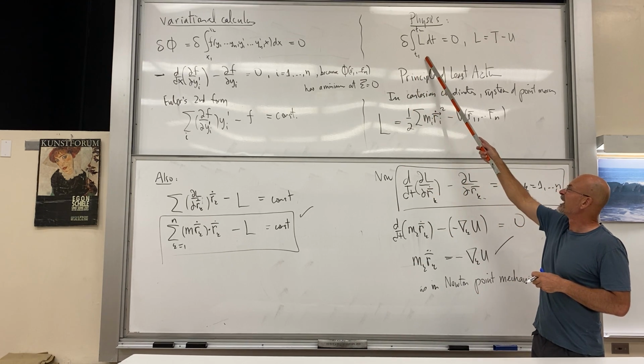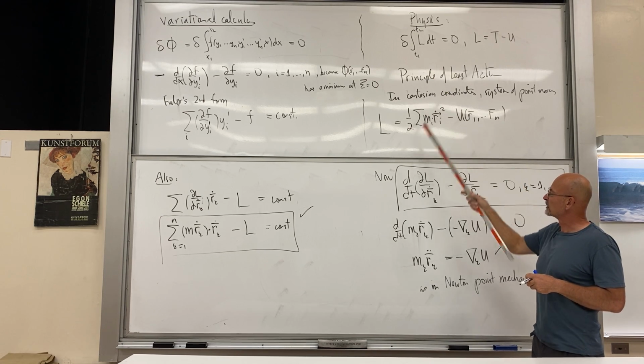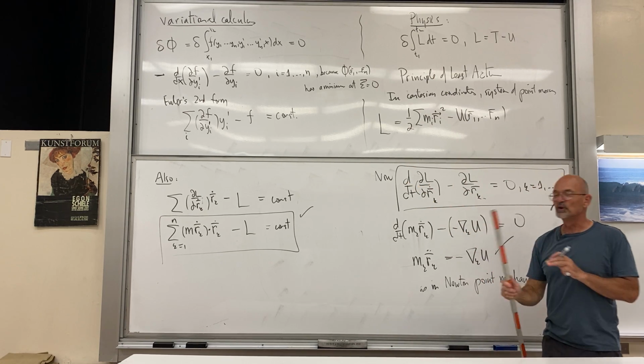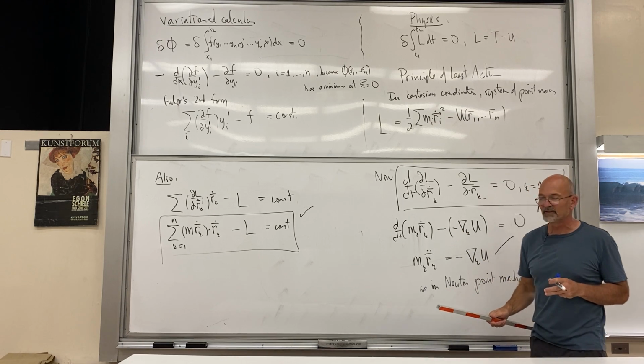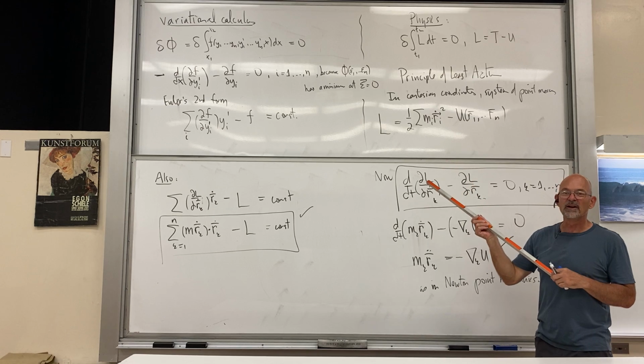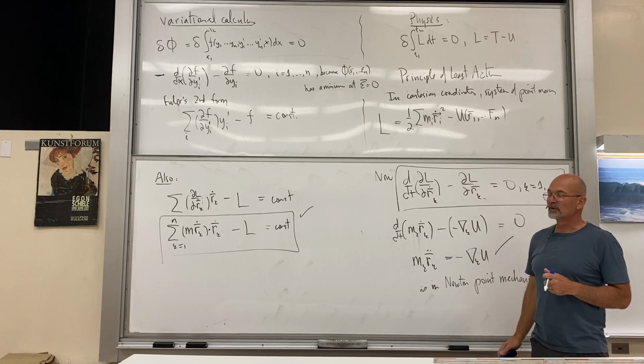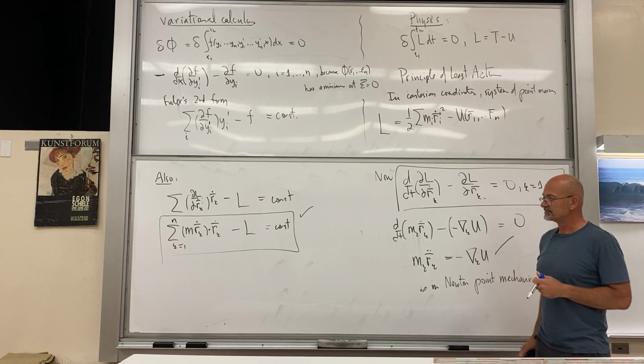And that's the big advantage here. If we express the Lagrangian in terms of the most useful, convenient coordinates, then we will automatically get the correct equations of motion out. And these coordinates are referred to as generalized coordinates.